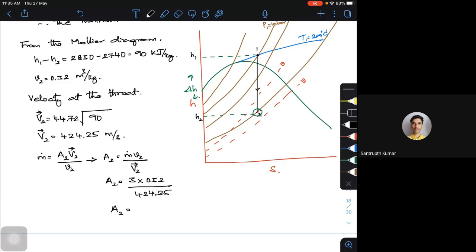How much are you getting? 0.0023 square meter. Actually it is 0.0226, so I rounded it up to 0.0023 square meter.